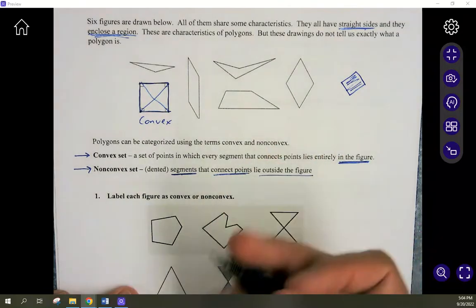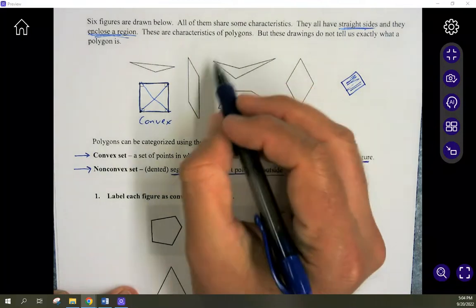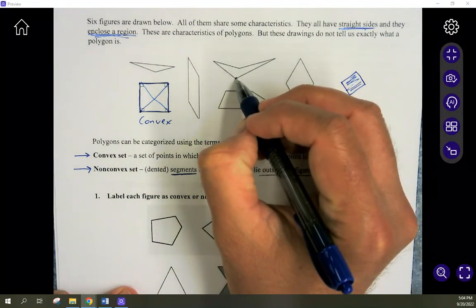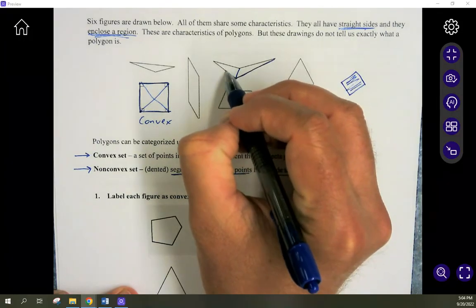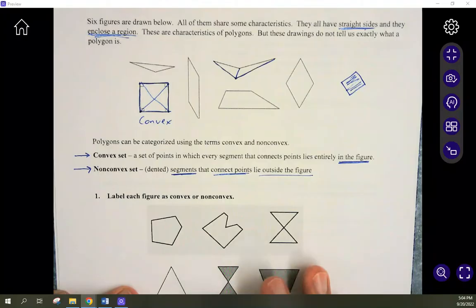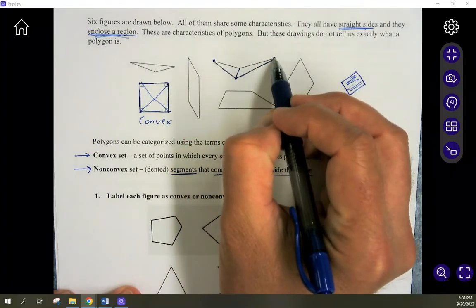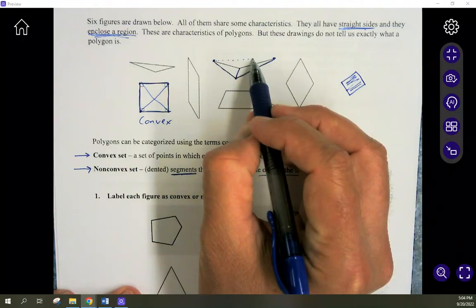So let's look at the opposite of that. A non-convex set. This would be non-convex. Now let's take this point right here. If I connect it to this point, or this point, or this point, it's inside the shape. So I have not proven why this is non-convex yet. But if you take a look at this point right here, and this point right here, if I connect them with a segment, I'm going to draw a dotted line for now.